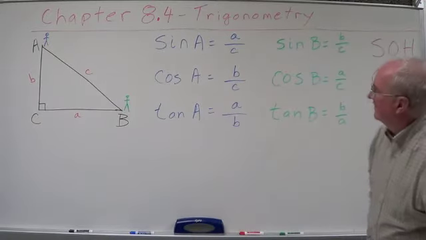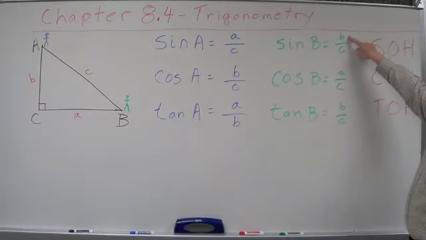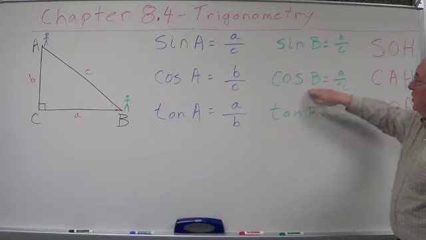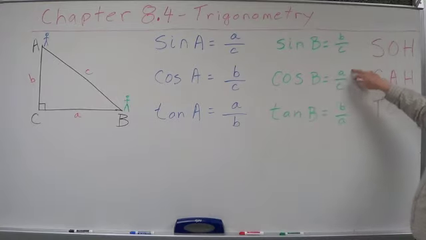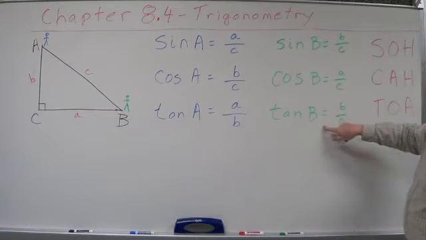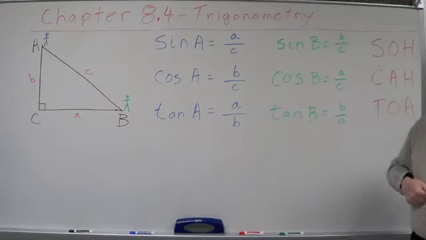All right, now, the sine of B is little b divided by C. The cosine of B is little a divided by C. The tangent of B is little b divided by a. Now I wrote these this way so you can sit there and look at them.